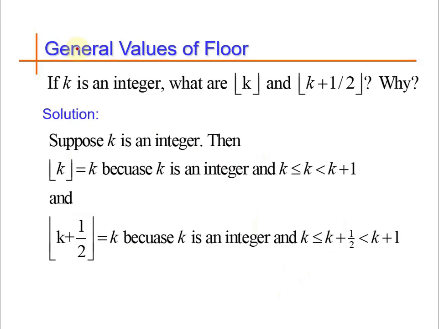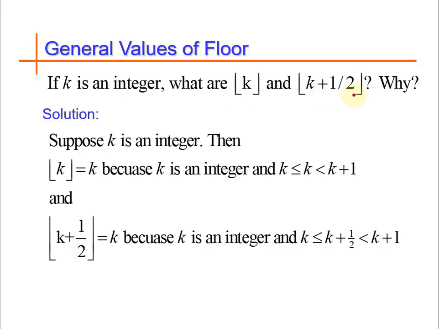Now we see some general values of the floor function. If k is an integer, find the floor values of k and k plus 1 over 2. So now k is an integer, so its floor function remains the same and we get that integer, because we are seeking here a greatest integer which is less than or equal to k, and that number is k itself.